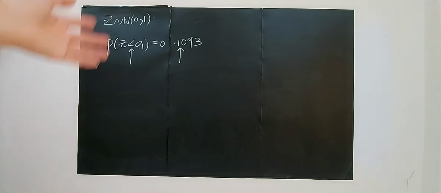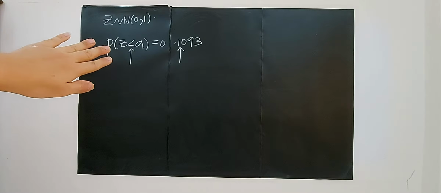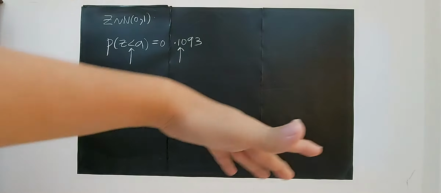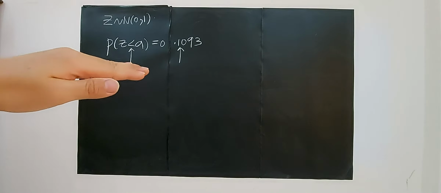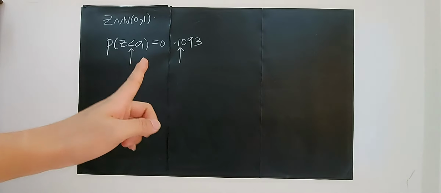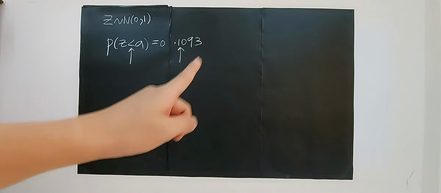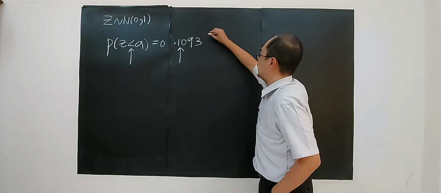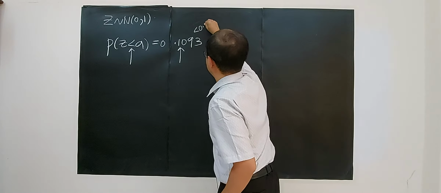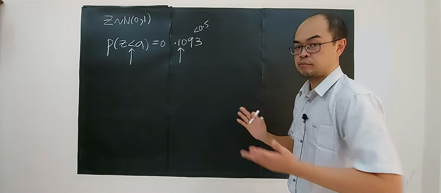Very simple. In later examples, I'm not going to explain this anymore, I'll just tell you how to find it. For now, this is the strategy. Look at the sign here, less than. This is 0.1093, first, this is less than 0.5. The area should not be very big.